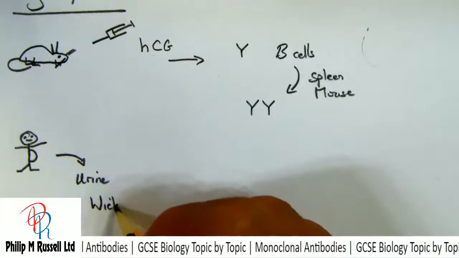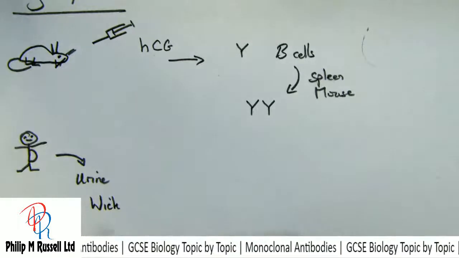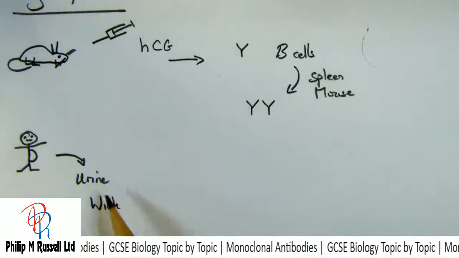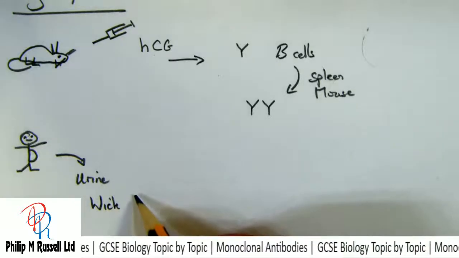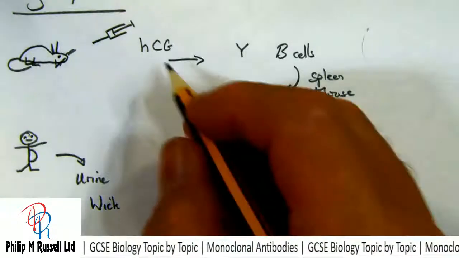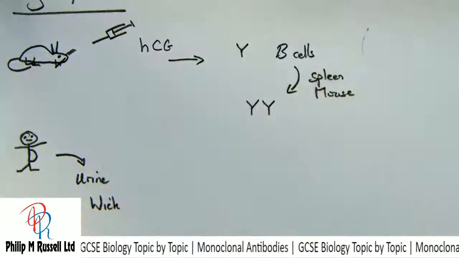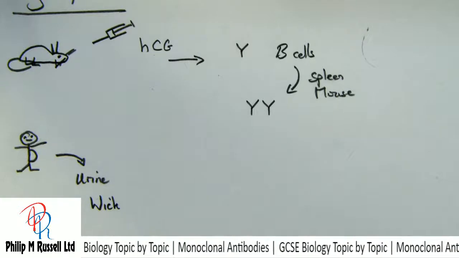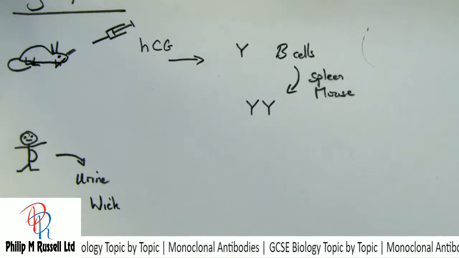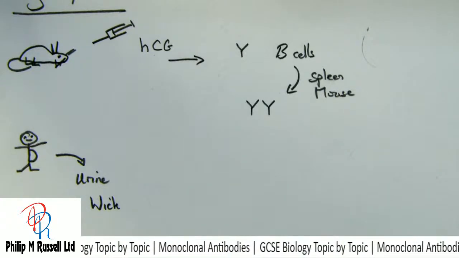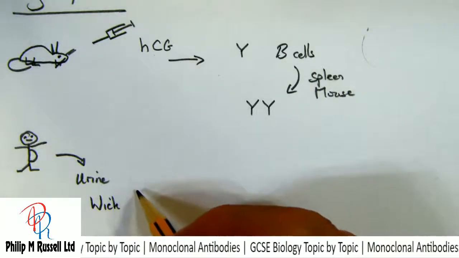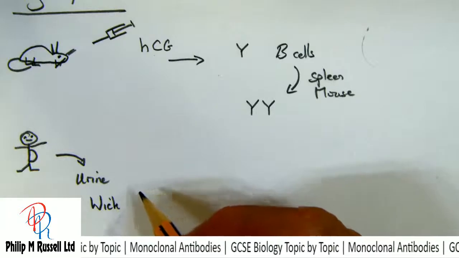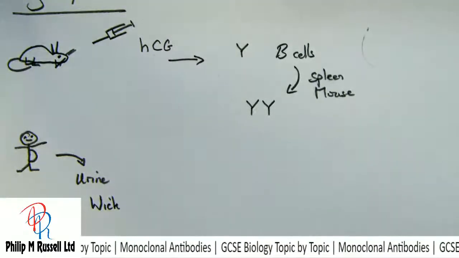It's a piece of substance that's going to actually absorb some of this urine, and also we hope this HCG, human chorionic gonadotrophin, and we're going to take that, and what we're going to do with that is we're going to put it with some of these antibodies.